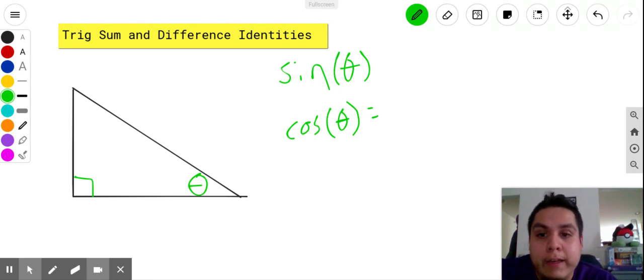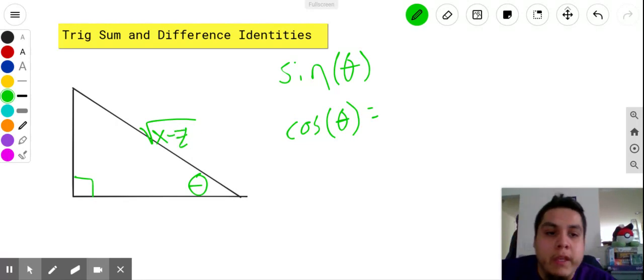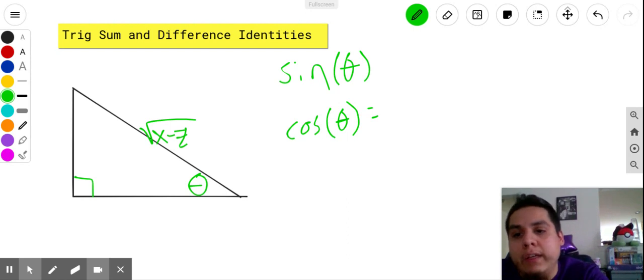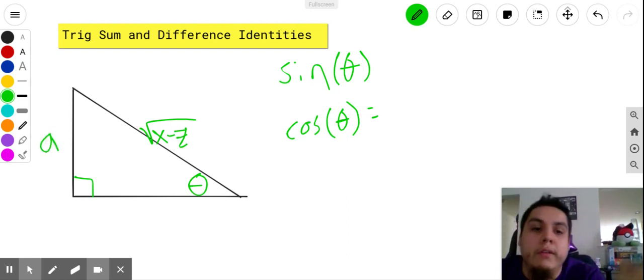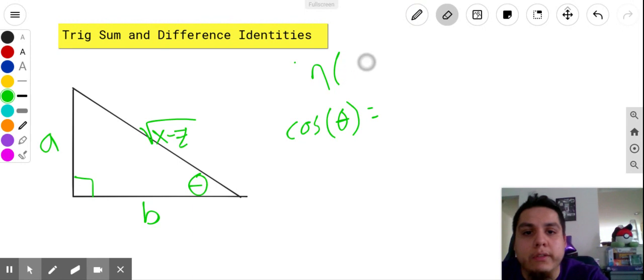So let's say that the hypotenuse was some random expression, like, I don't know, square root of x minus z. If that's what my hypotenuse represents, and I let A represent this side and B represent that side, then what you can do is this.